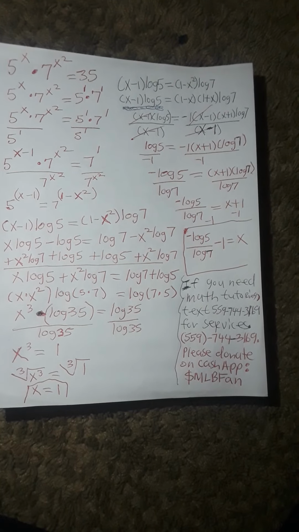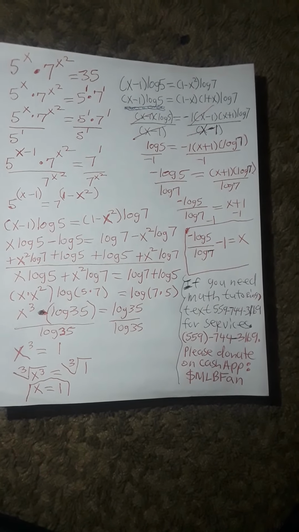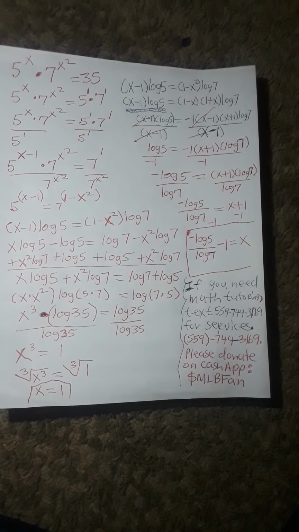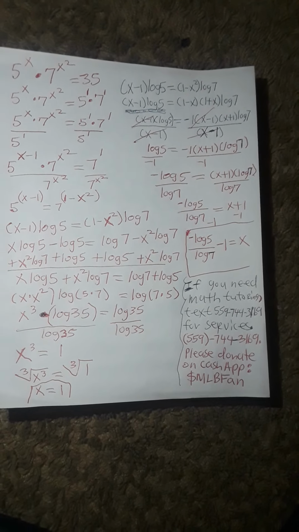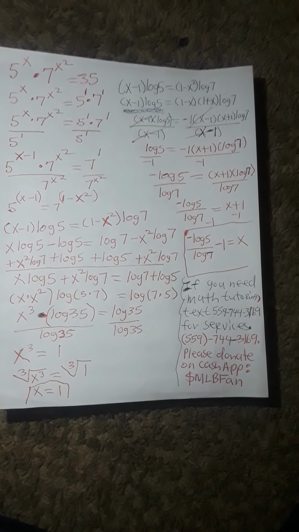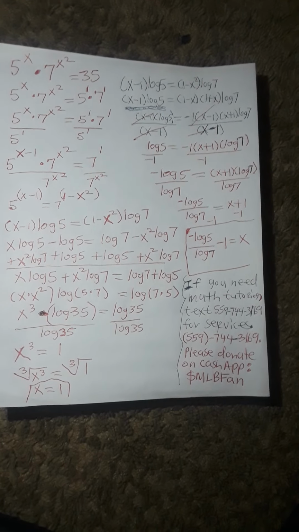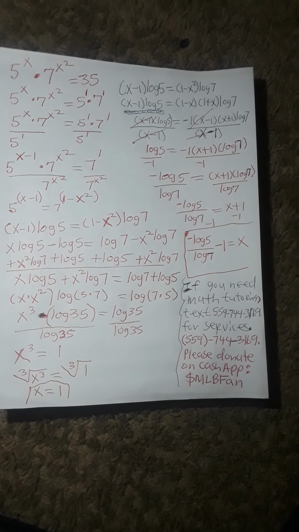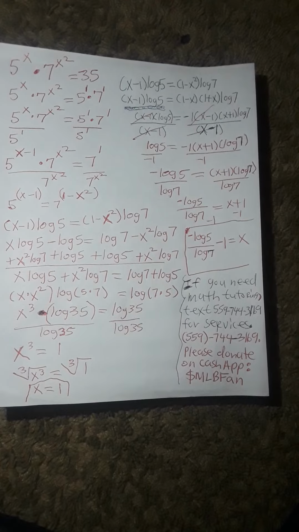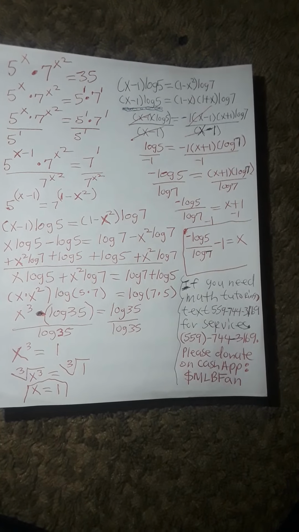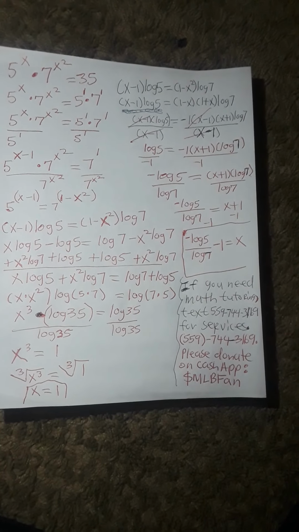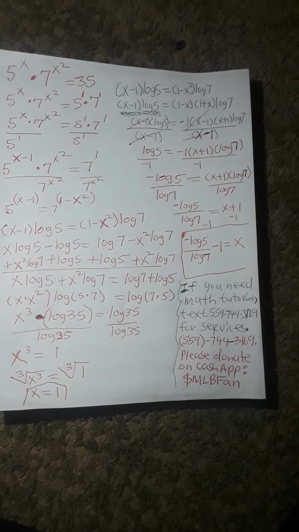Now we want to add, later on, and you will see how that will turn out. So we will distribute here, so it's going to be x times log 5 minus 1 times log 5 is equal to log 7 minus x squared log 7.